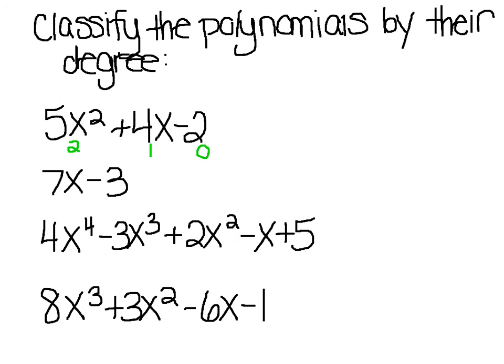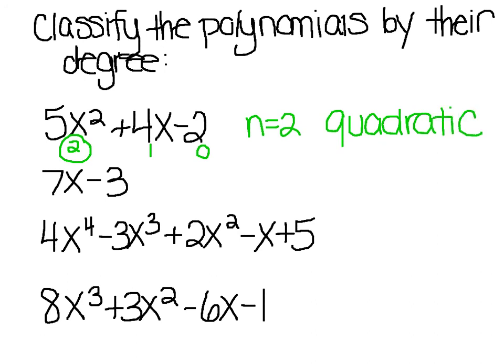Well, to classify a polynomial by its degree, we take the highest degree, which is 2, so n equals 2. And then going back to that chart on the last slide, when it has a degree of 2, it's called a quadratic. So that is the name of this type of polynomial. Now I want you to pause the video and try the other 3 examples on your own.